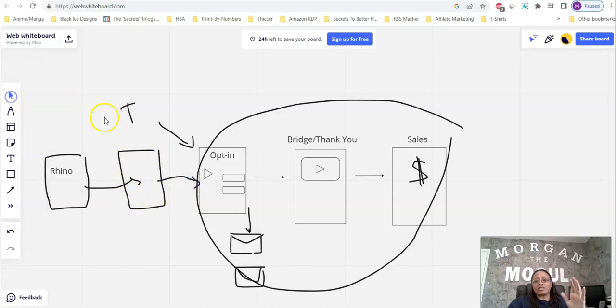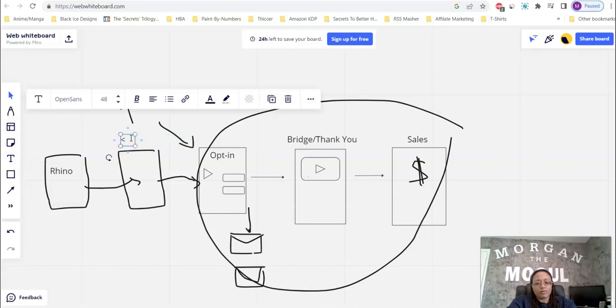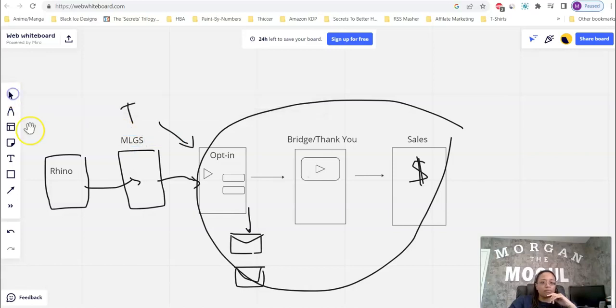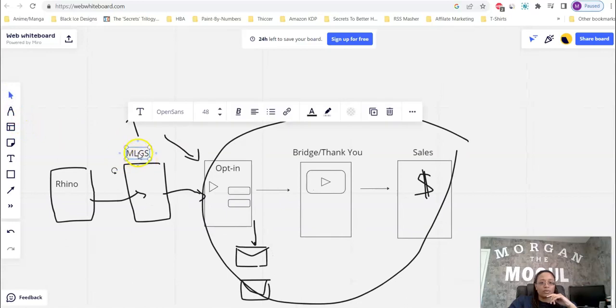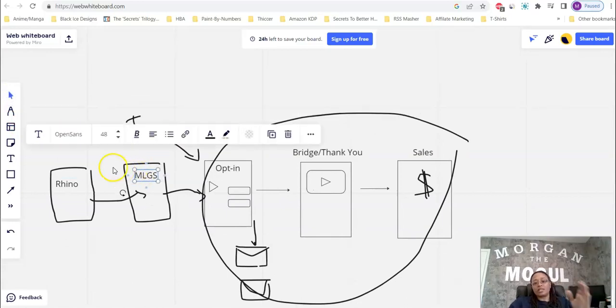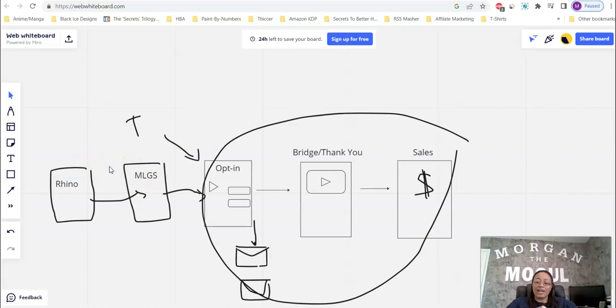I need you to understand that it's not really a lot of additional moving parts. You are already potentially using My Lead Gen Secrets as a traffic source to your opt-in page.